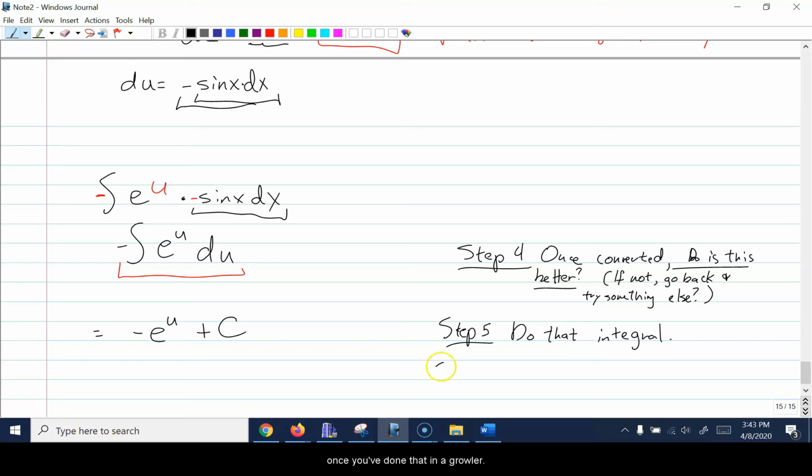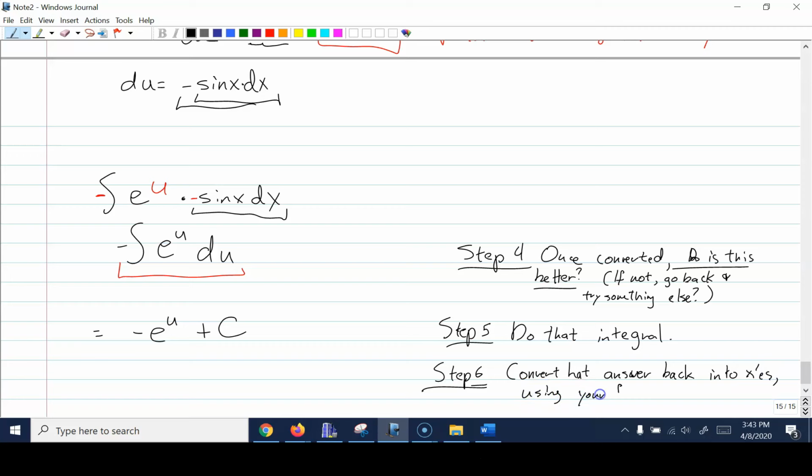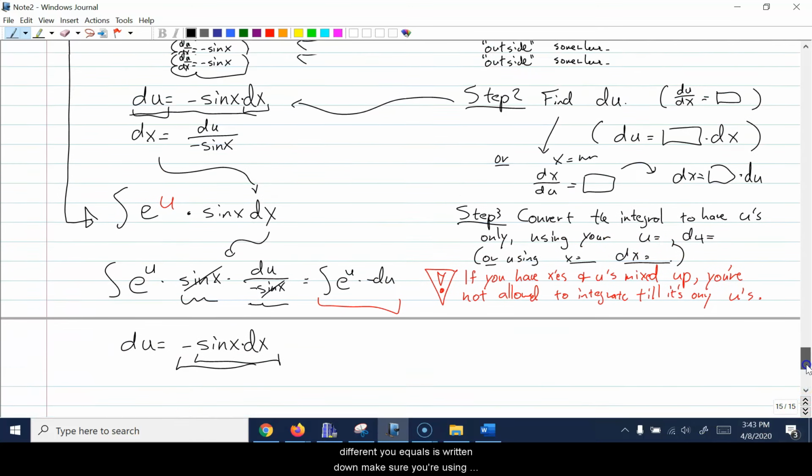Once you've done that integral, you need to convert that answer back into x's using the formula you wrote down. If you've done this a bunch of times, you might have lots of different u equals written down.